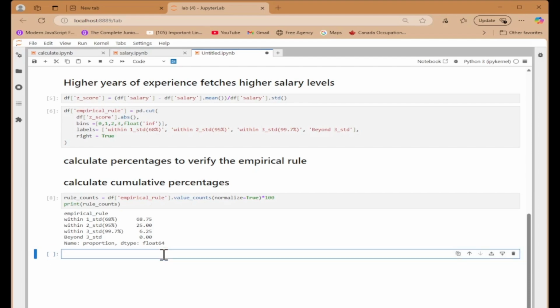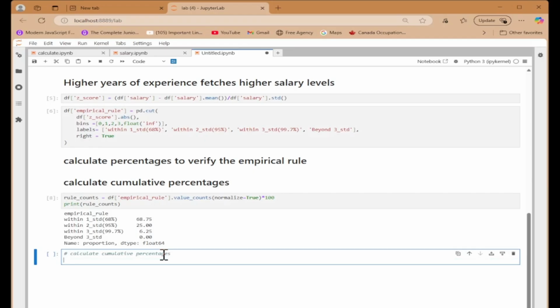Now let's calculate cumulative percentages. Okay, for that let's write cumulative percentages equals rule counts dot sort index. Sort index is a method that always gives you the frequency.